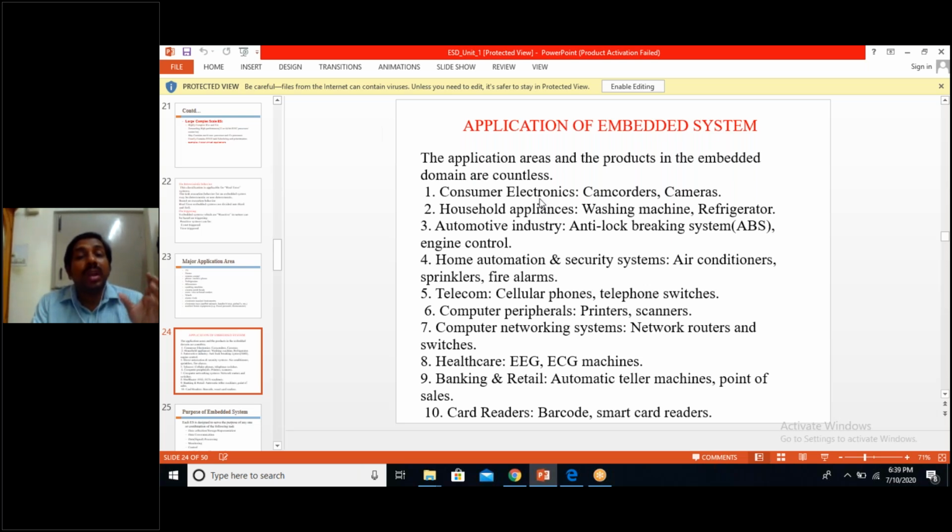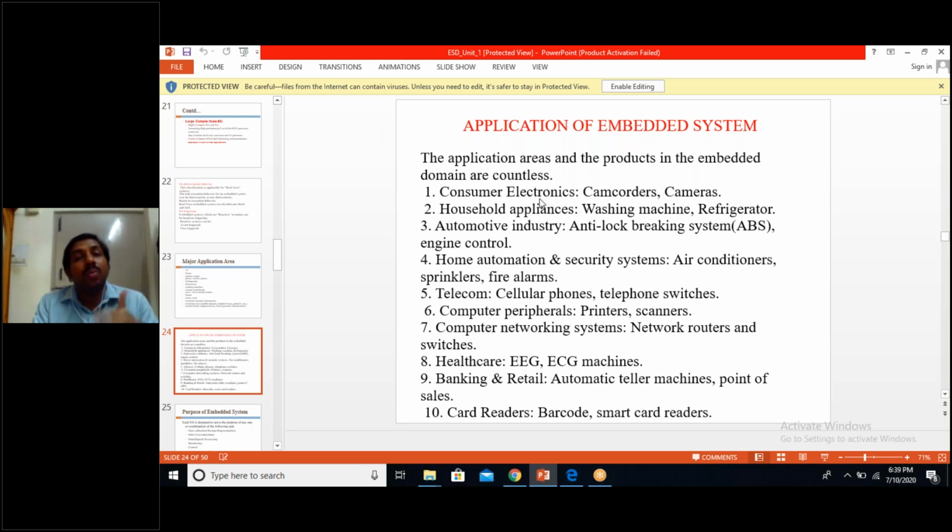If an embedded system is utilized in industry, which industry? If it is used for a specific purpose. So all embedded systems related to home appliances will come under consumer or household appliances. So those embedded systems which are related to medical come under healthcare.